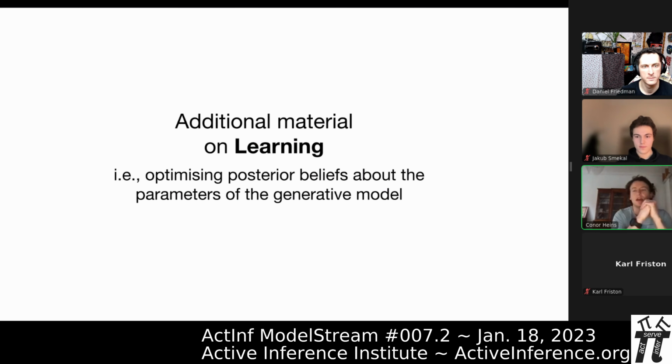So learning under active inference is cast as updating beliefs about the generative model parameters itself. Inference is saying, given my generative model, so my beliefs about the way the world works, what is the best explanation, in the sense of posterior over hidden states and policies, that explains my actual data?